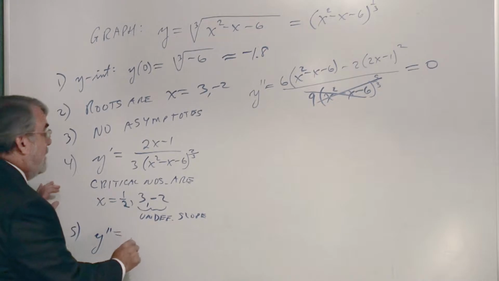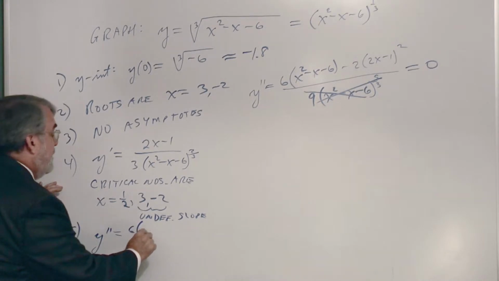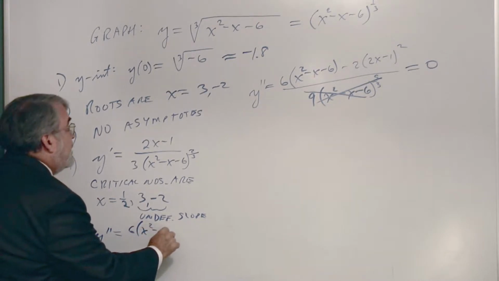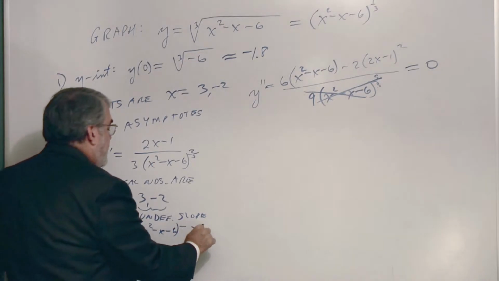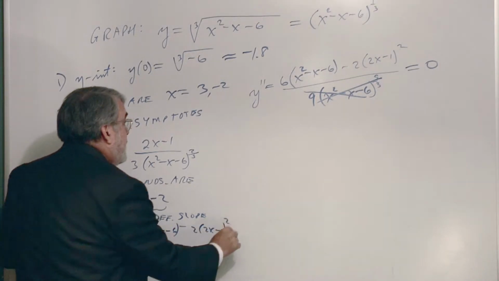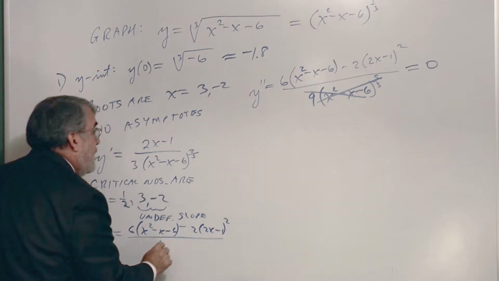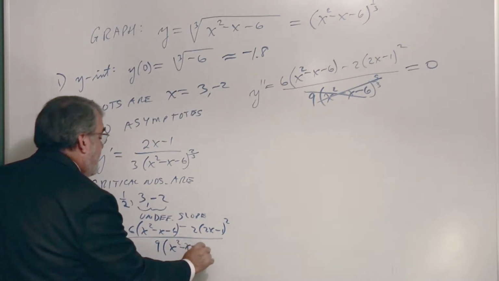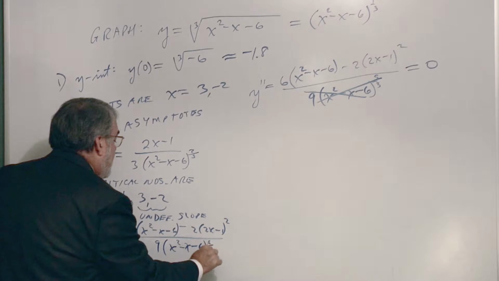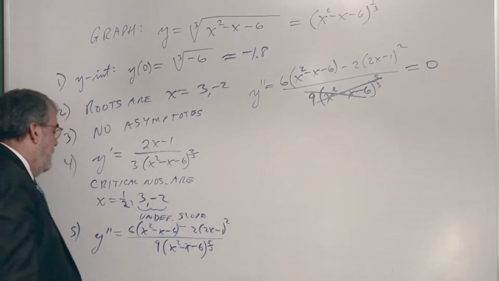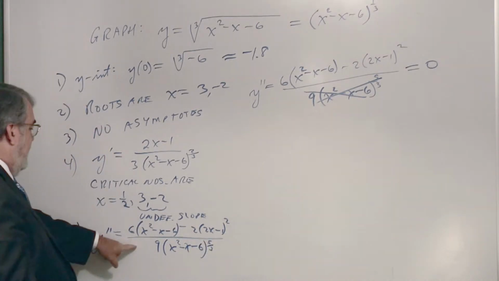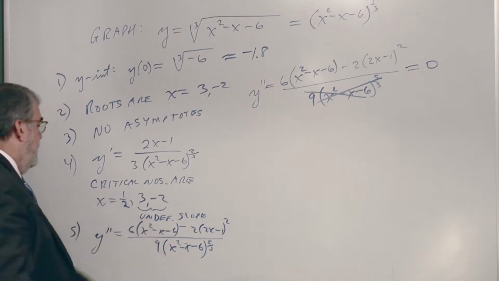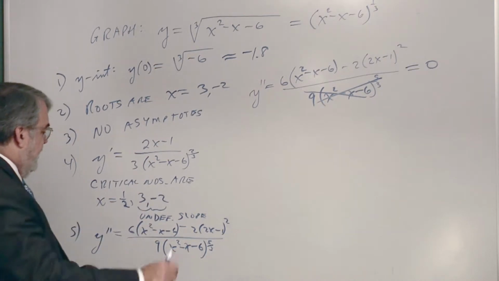Y double prime was equal to 6 parentheses x squared minus x minus 6 minus 2 parentheses 2x minus 1 squared over 9 parentheses x squared minus x minus 6 to the 5/3 power. There we go. Alright, so this was what I had up there. I hope you can read it, but you should have it in your notes.